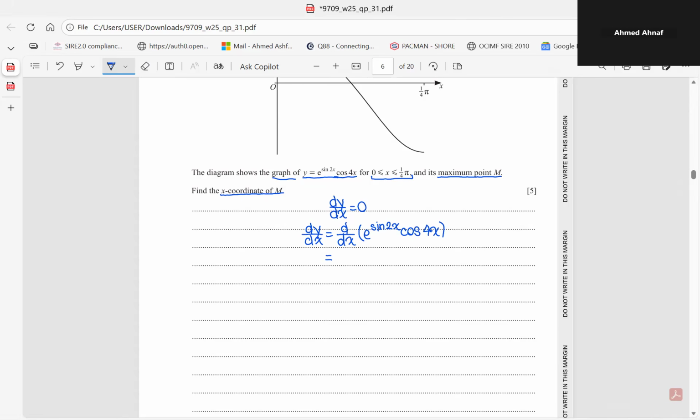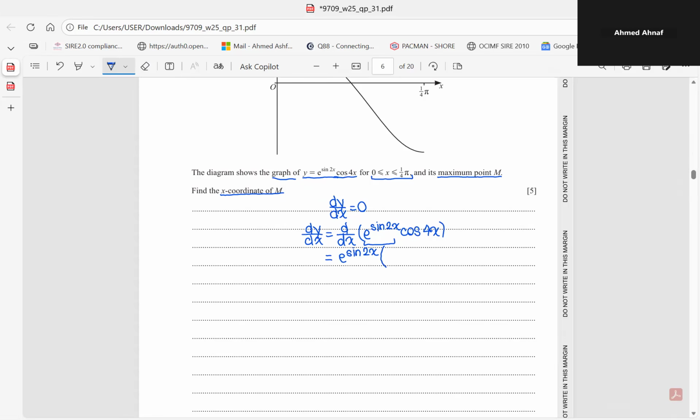How I like to do it is I keep the first function and differentiate the second function. So keep e to the power sine 2x, and differentiate cosine 4x.